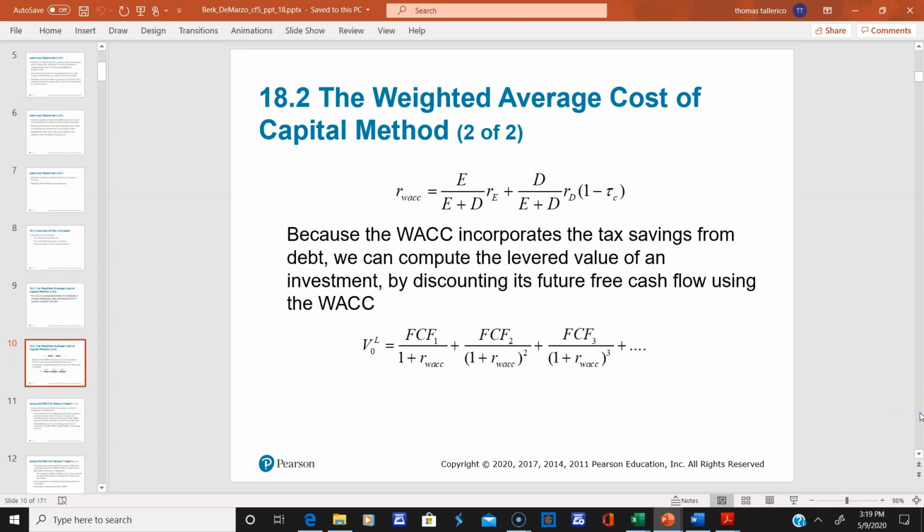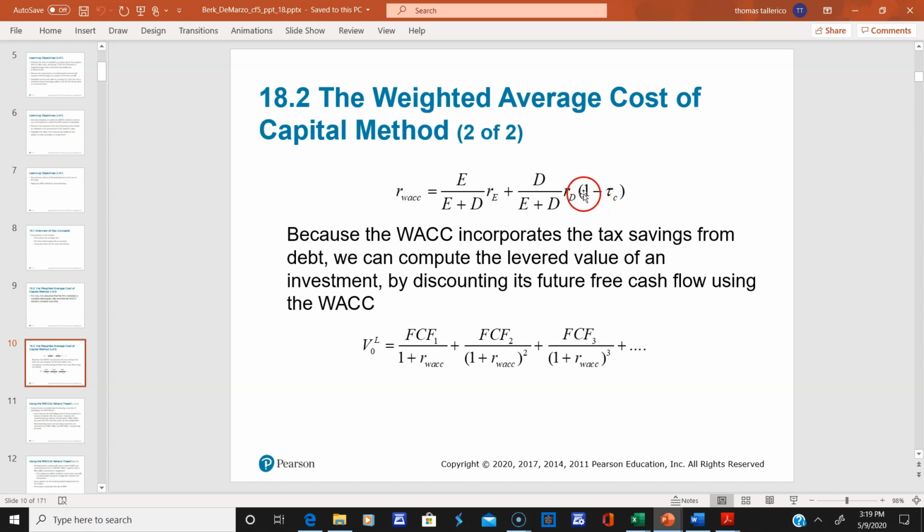And here's our equation, an important equation for our weighted average cost of capital. This is the equity over the total valuation, and this is your return on equity. And this is debt to the total valuation, and this is your return on debt. You can see corporate taxes are involved here.